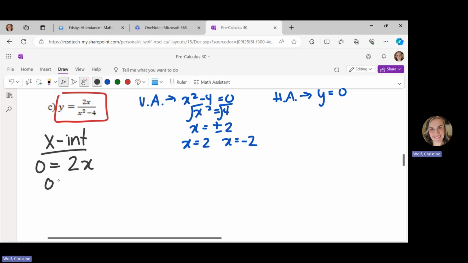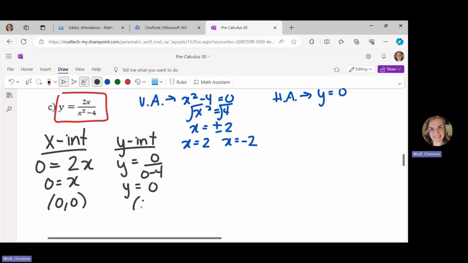If I solve for x, I just have 0. And my y-intercept, I would have y equals 0 over 0 minus 4. That's 0 over -4. That's still 0. So in this scenario, again, my x and y-intercepts are the same point. They're both at the origin.